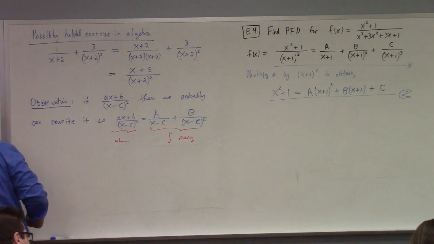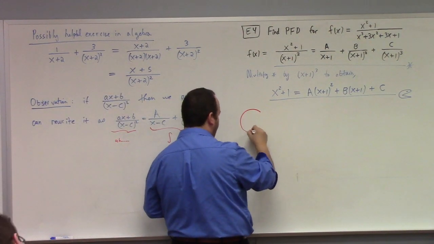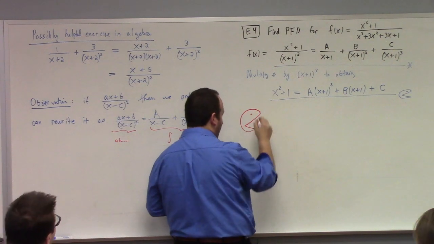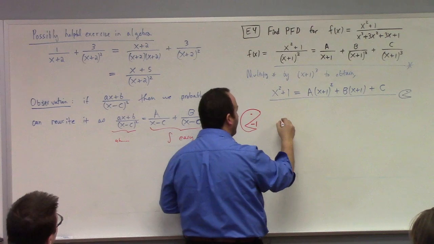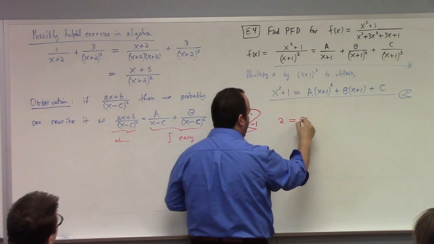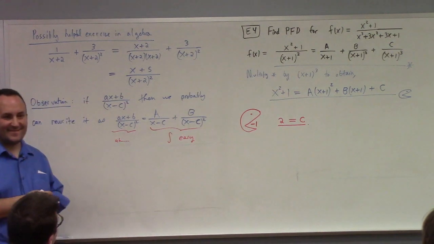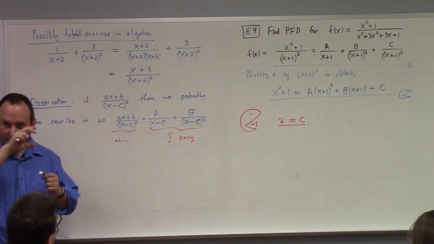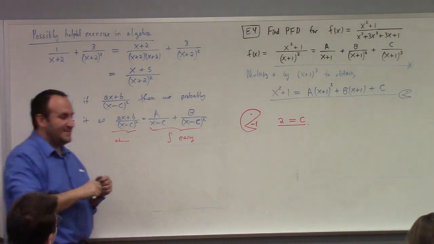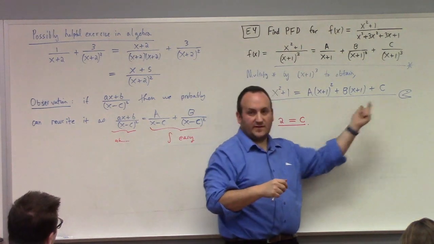Well, I've already introduced it, but let me use it now. Imagine the Pac-Man eating the minus 1. Then that's 0, that's 0. We're just left with c.